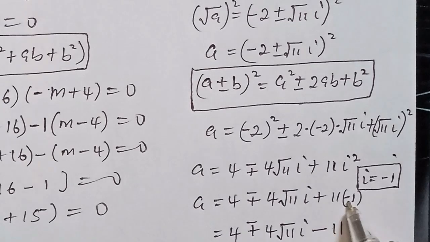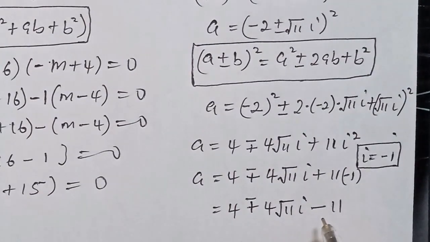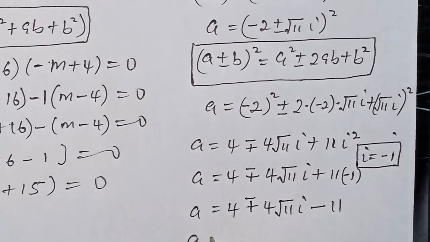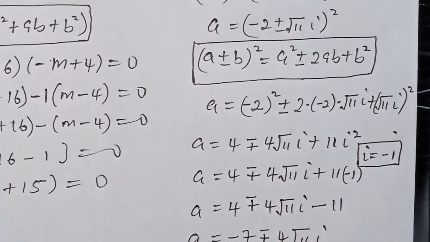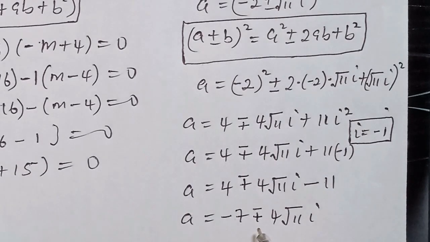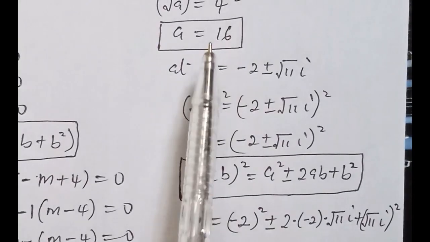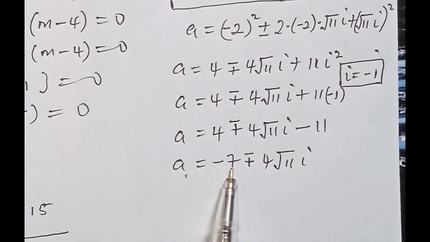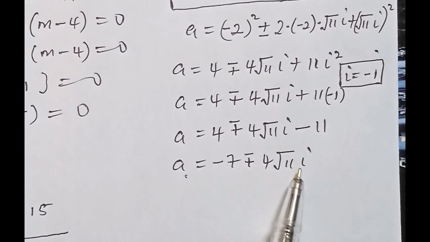If we open the brackets, this gives us -11 plus 4, and a will be equal to -7 ∓ 4√11 i. So that is the value of a when m is equal to -2 ± √11 i. The value of a is -7 ∓ 4√11 i.